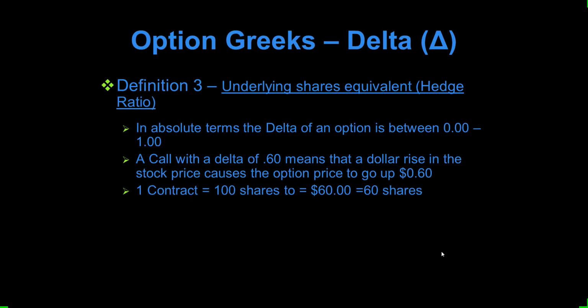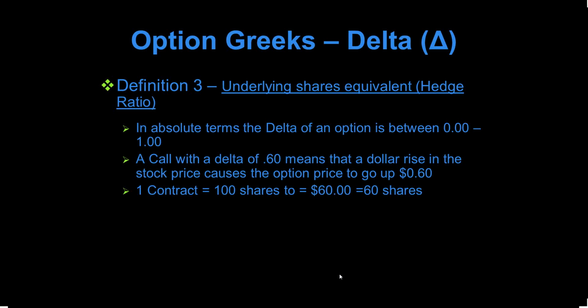If you've got 10 contracts on Apple with a 50 delta, that's like saying 1,000 shares times 50%, or 500 shares. Do I really mean to have a position equivalent to 500 shares of Apple? Heck no, I meant to have the equivalent of 100 shares.